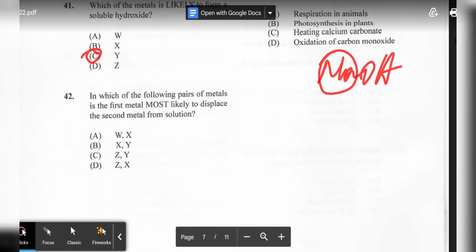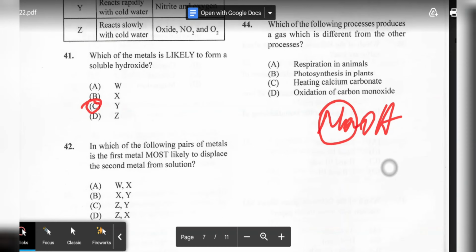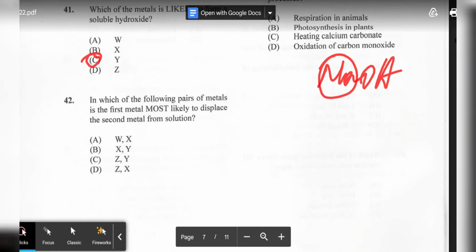Question 42. In which of the following pairs of metals is the first metal most likely to displace the second metal from a solution? Just try to remember that a more reactive metal displaces a less reactive metal. The most reactive metal here is Y, so Y will displace any other metal.